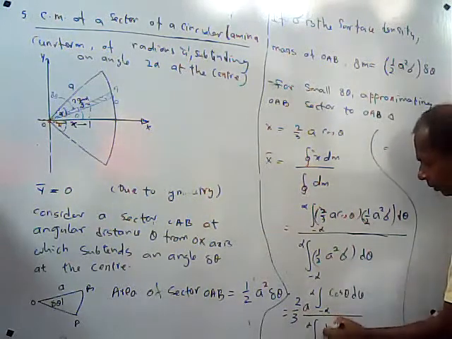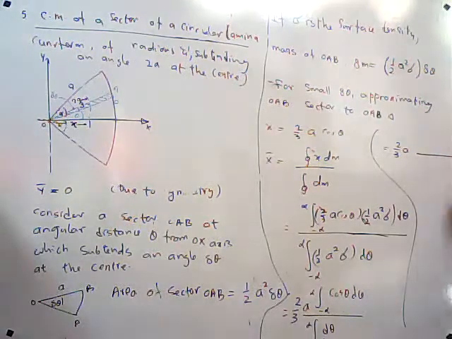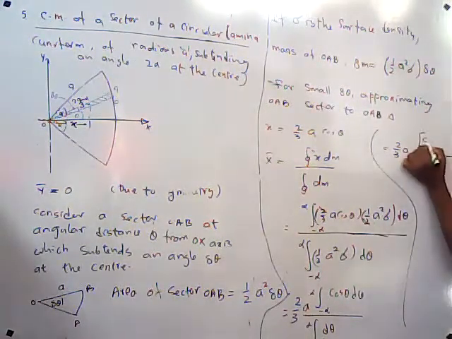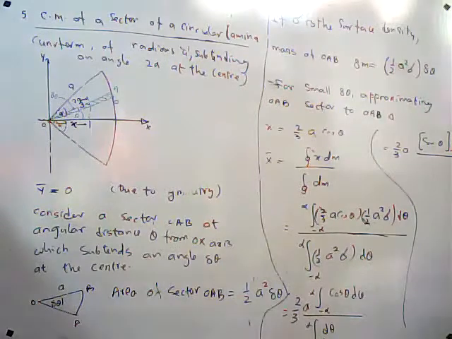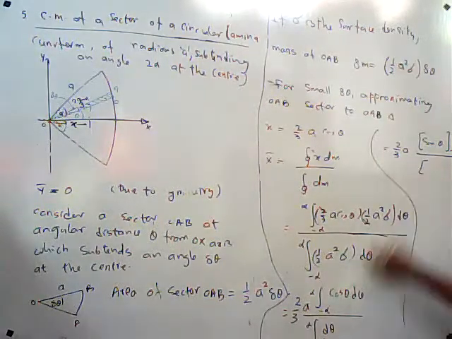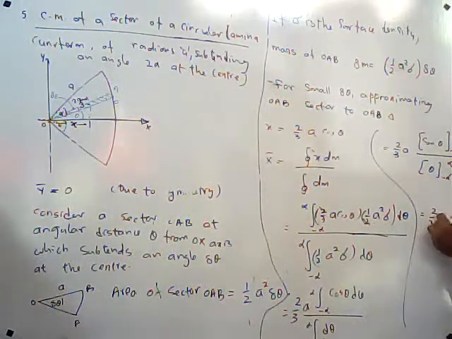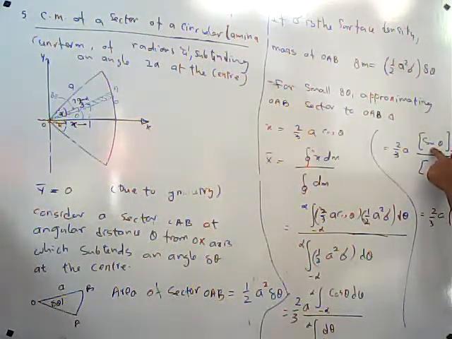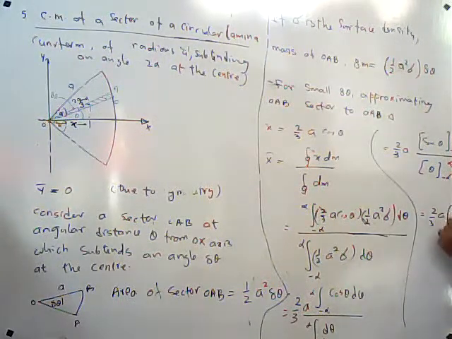The integral of cos theta is sin theta, and the integral of d theta is theta. Theta goes from minus alpha to plus alpha. You get 2 sin alpha over 2 alpha. The 2 gets cancelled. So it is 2/3 a sin alpha over alpha.